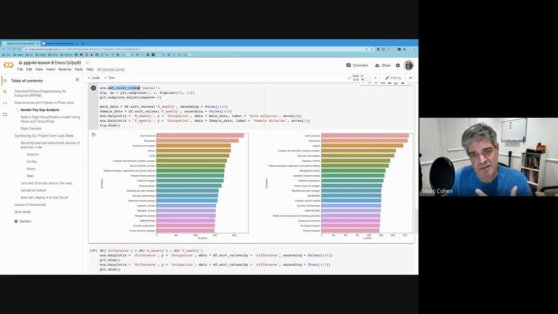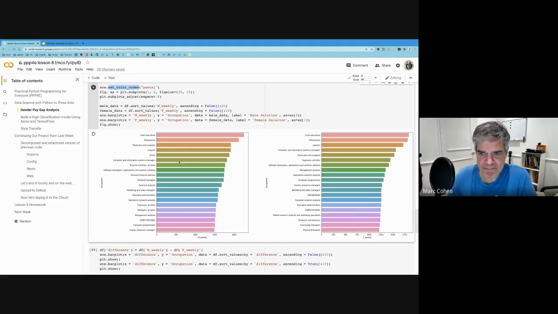Once you know the basics of Python, most of the time you're gluing together things that other people built. If you know how to use things and which things to use, and half the time you have to find it, it's not going to be something you already know, then you don't actually have to be that deep into Python. You just have to know how to put these pieces together like we're doing here.